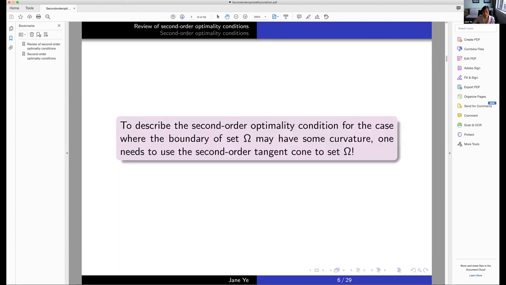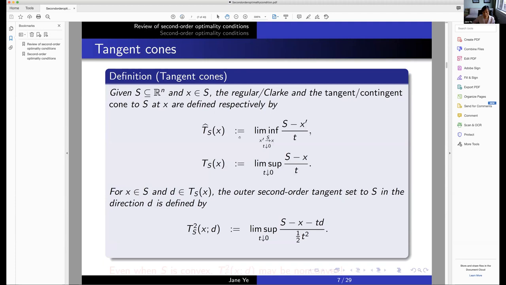To describe the second order optimality condition, when the boundary of this set may have some curvature, it's not flat anymore. Then one needs to use the second order tangent cone. These are the definitions. For tangent cones, we have two kinds.